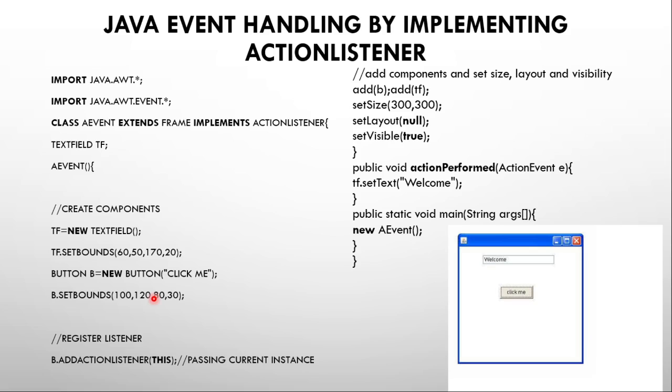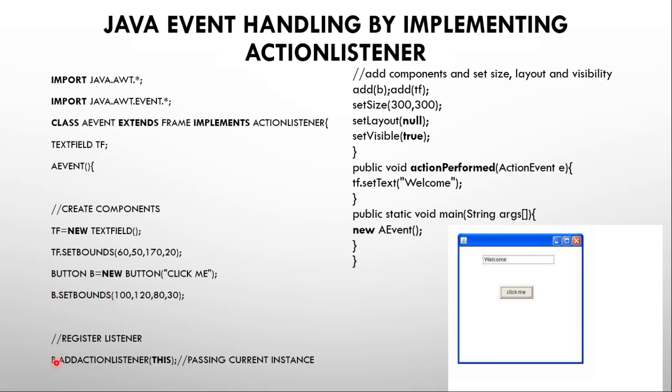How can we handle an event? First we need to implement an interface, right? That is, here we have done this, the interface got implemented, right? And then the second step is to register this. Basically this is a listener, right? We need to register the listener with these events. So I'm going to click this button, that is Click Me, which is given the reference name b, right? Reference variable, right?